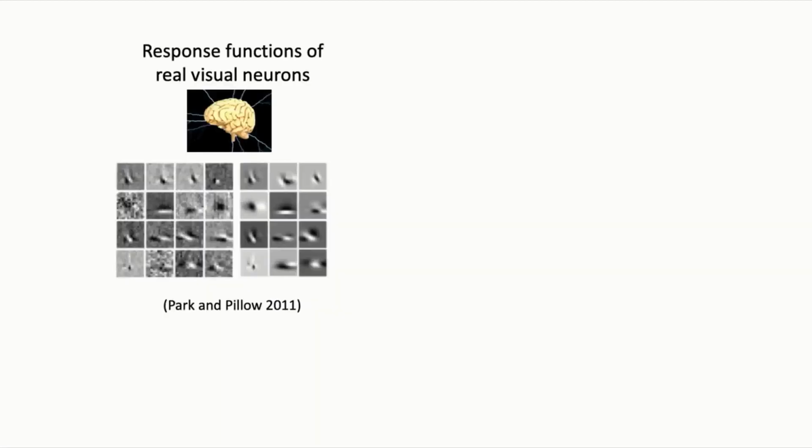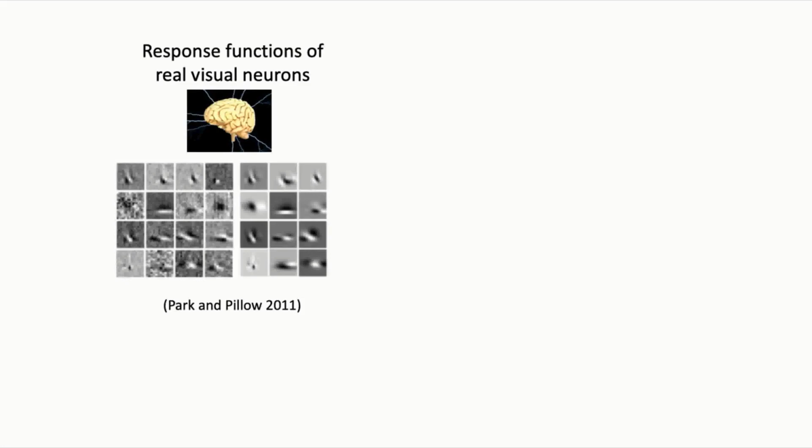This specialization of our visual neurons for real-world objects is achieved through having neurons that detect basic features that are most efficient for describing the images we care about, which are objects like tigers and not white noise. Here is shown the response functions of some real biological neurons, retinal neurons, and neurons in the outer visual system.